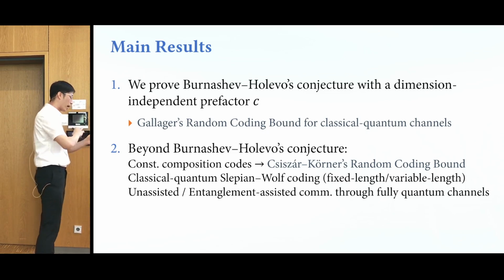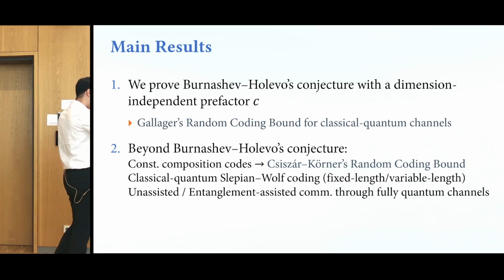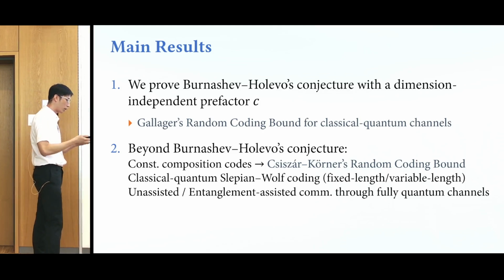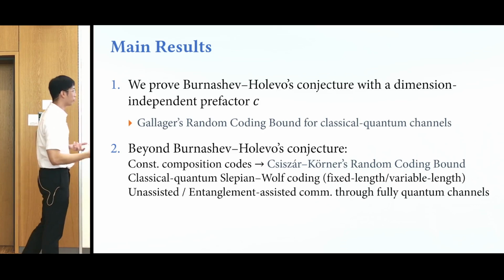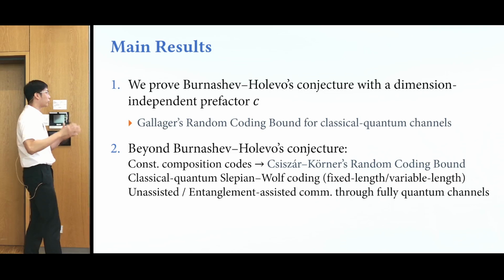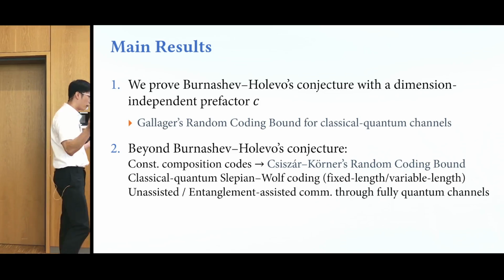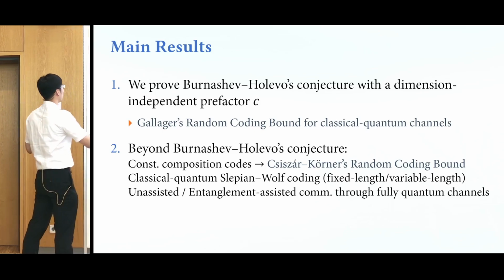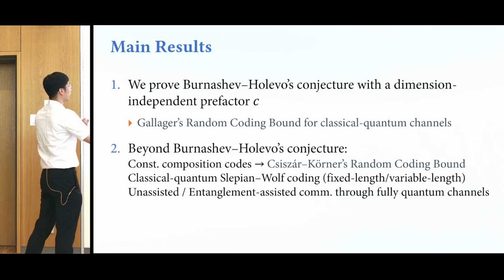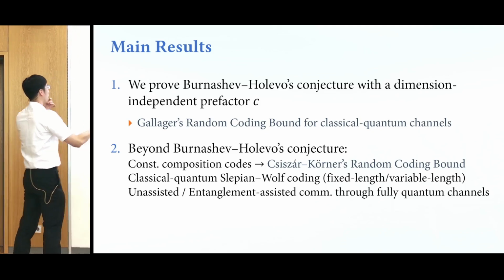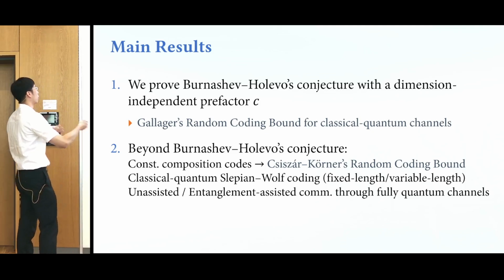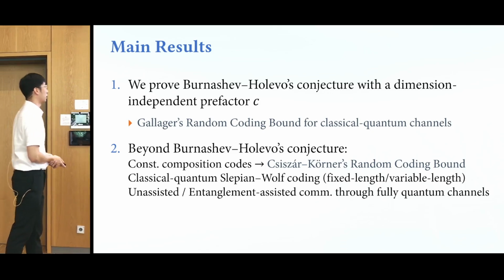It's optimal for any composition and provides a new operational interpretation for the quantity Pairs Augustin information for alpha less than 1. For alpha larger than 1, the operational interpretation has been found by Mosonyi and Ogawa. And also classical-quantum Slepian-Wolf coding, both for fixed length coding, variable length coding, and for communication over fully quantum channels without or with entanglement assistance.